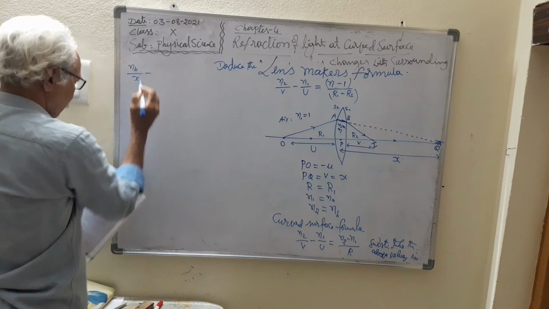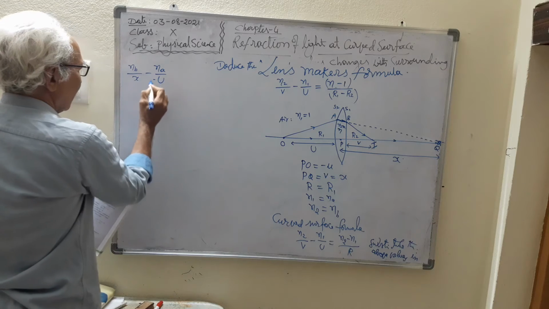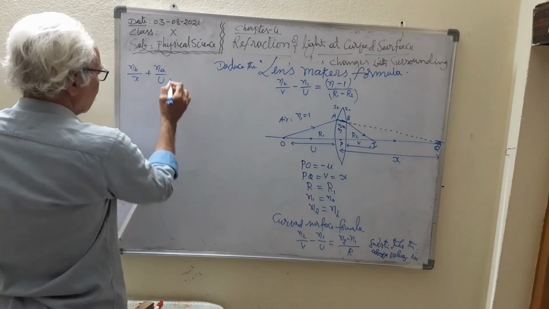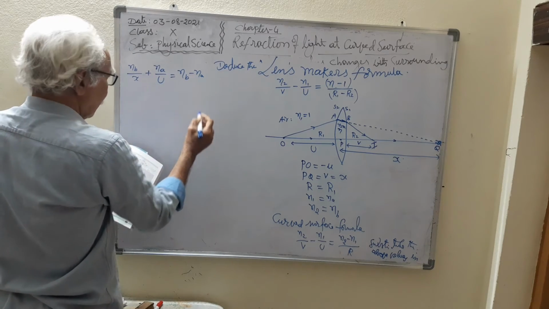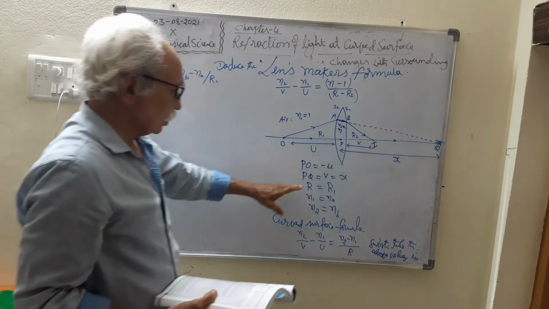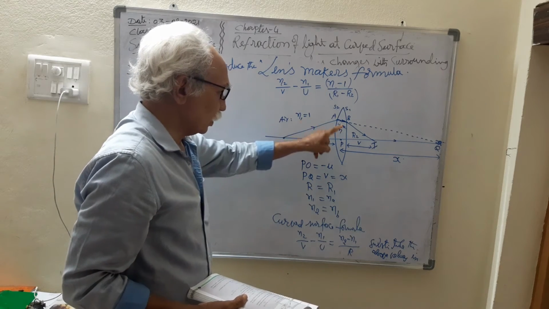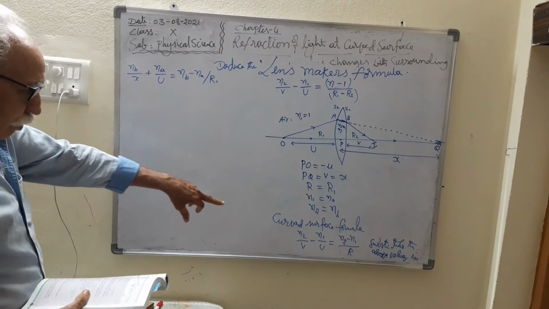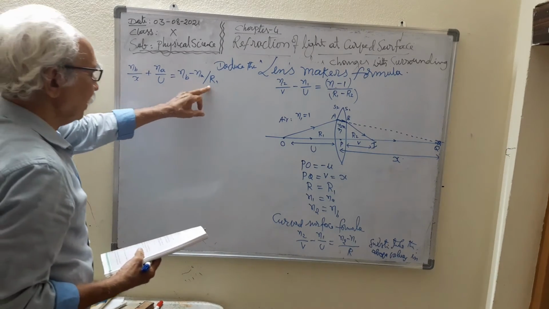So NB by x minus NA by U, minus minus you take as a plus, is equal to (NB minus NA) by R1. So we are referring to these values for the first surface. For the first surface, N1 is 1, N2 is N. Like that you have to deduce the values and substitute them in the curved surface formula.